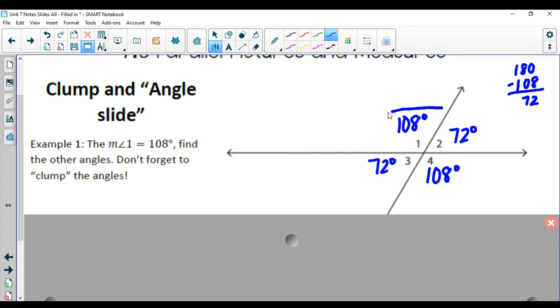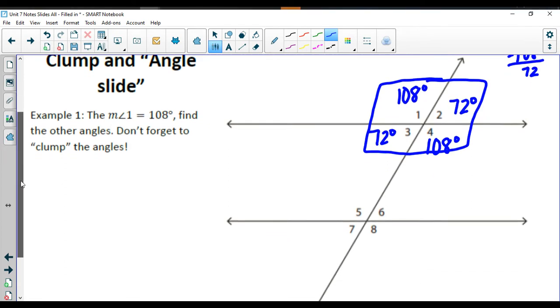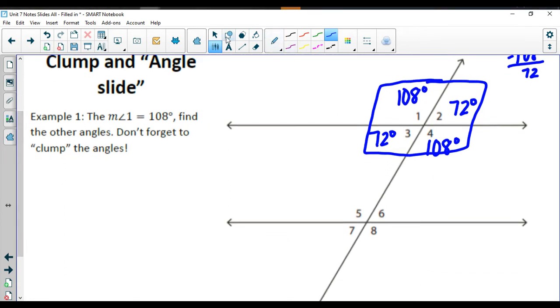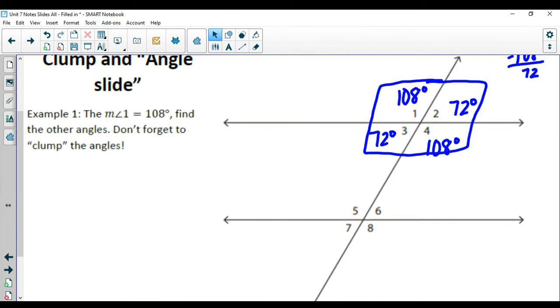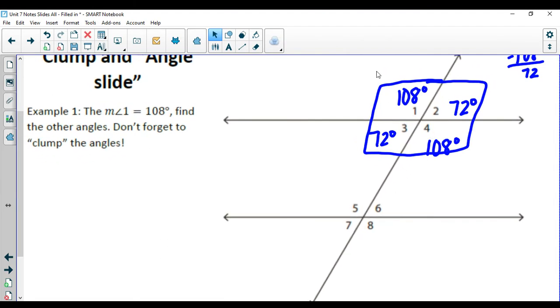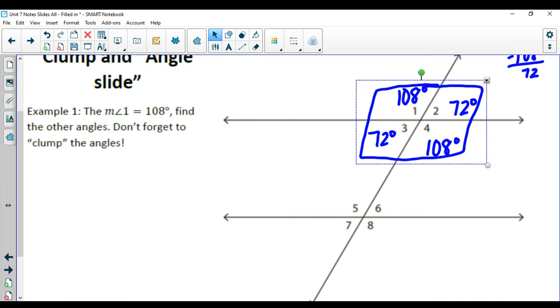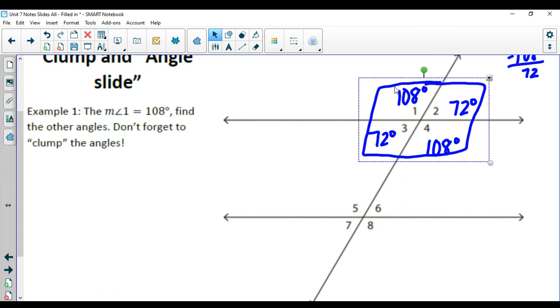So what I'm going to ask you to do is to go ahead and clump up your angles. And what we're going to do is take these angles and duplicate them here. Sometimes this works, sometimes it doesn't, because it doesn't like this picture here. It looks like it's not going to let me select these, not easily at least.